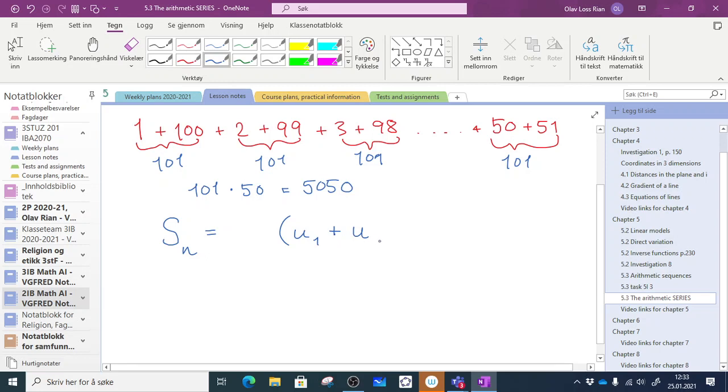So u1 is the first term, and un is the last term, because you have n terms in the series. And then you multiply that, not with the number of terms, but the number of terms divided by 2. So we have 100 terms, that's why we multiplied with 50. So now, generally, we take the number of terms and divide by 2.